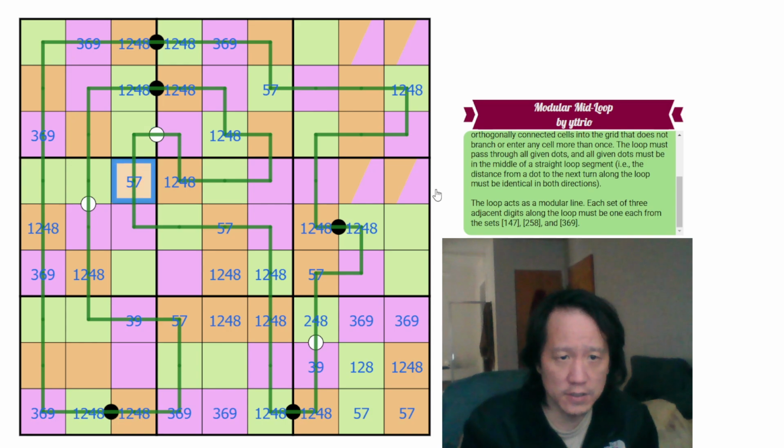These are consecutive. So this is 3, 6, or 9. And these are consecutive. Okay. This one we're not sure.